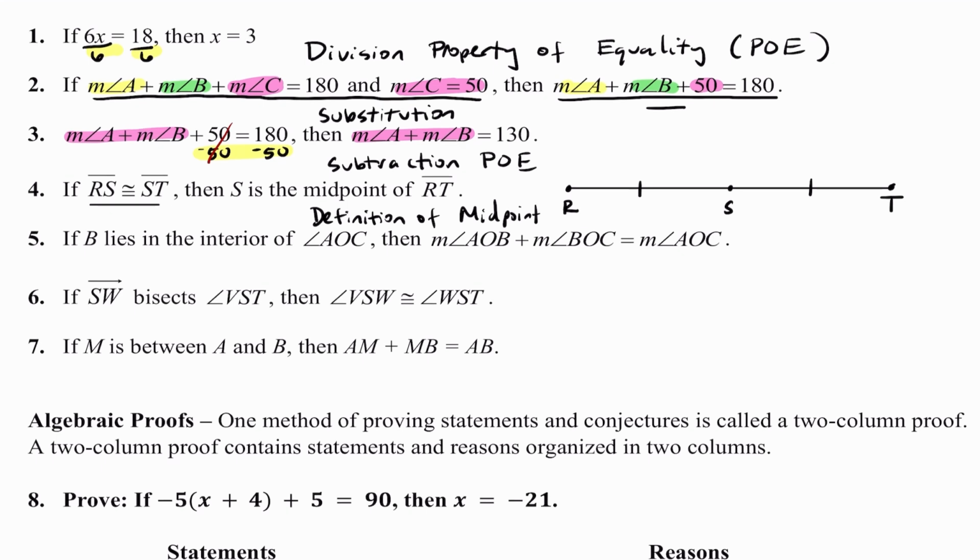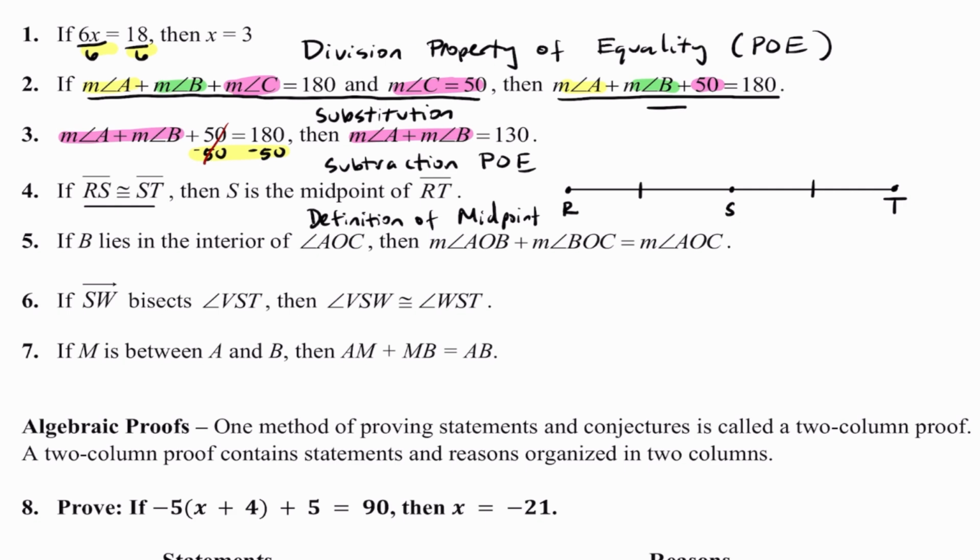Number 5, if B lies in the interior of angle AOC, then measure angle AOB plus the measure angle BOC equals the measure angle AOC. So let's draw angle AOC, which is part of our hypothesis.